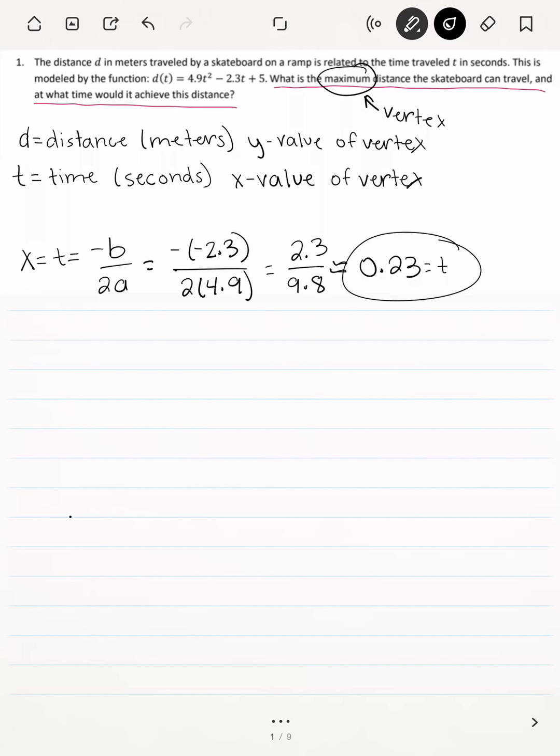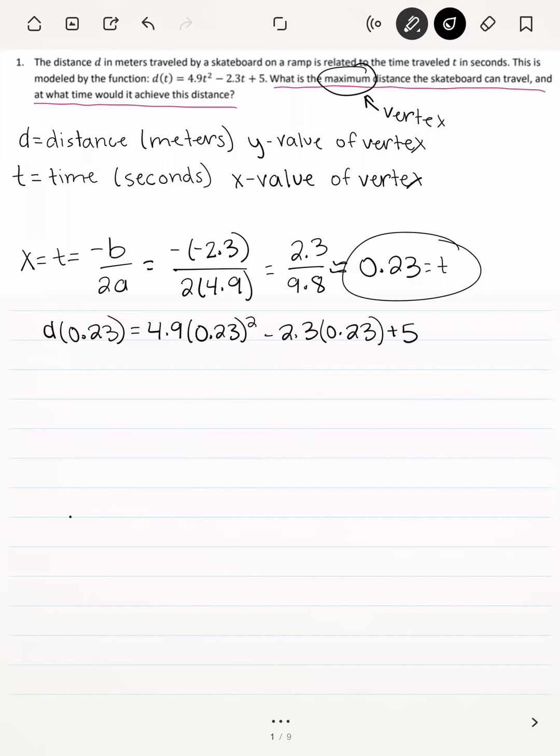Now, in order to find my y value or my distance, I need to plug it back in. So I have d of 0.23 equals 4.9 times 0.23 squared minus 2.3 times 0.23 plus 5. So make sure you do order of operations on this.